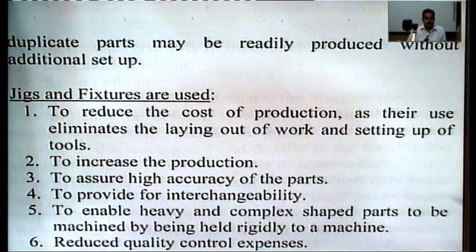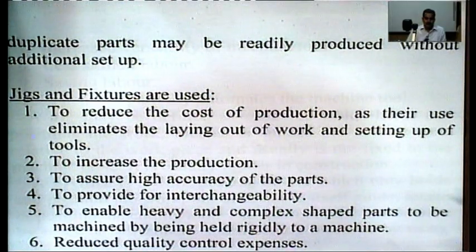These help to provide for interchangeability. Next, they enable heavy and complex shaped parts to be machined by being held rigidly to a machine. With the help of these jigs and fixtures, very complicated parts, or heavy parts, can be machined very easily.